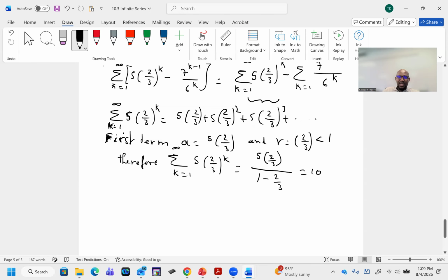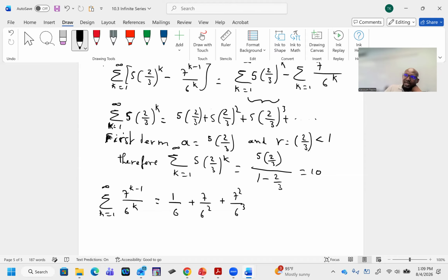But what about the second series, which is the sum of 7 to the power of k minus 1 divided by 6 to the power of k, right? If we check k starting from 1 to infinity, the first term will be 1 divided by 6 plus 7 divided by 6 squared, plus 7 squared divided by 6 cubed.